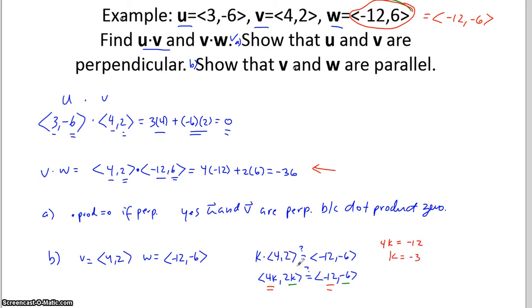For the y components, 2k equals negative 6, so k also equals negative 3. These are proportionate. We found the same scalar that works for each component, and so that's how we know those are parallel. In fact, we can say that w equals negative 3 times the vector v.